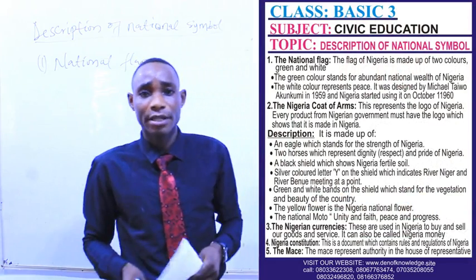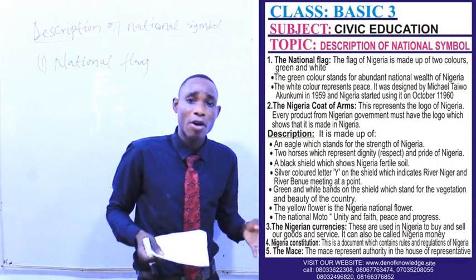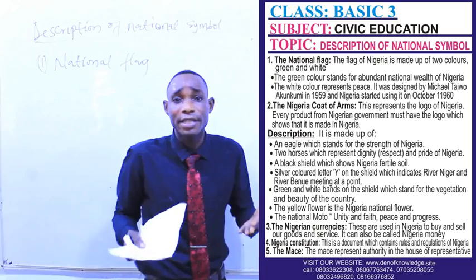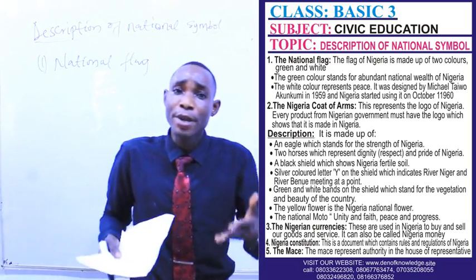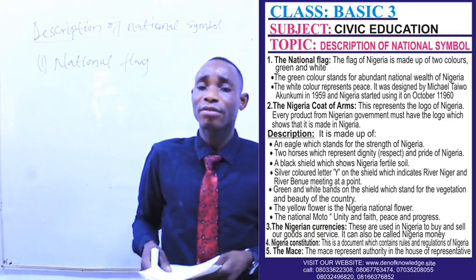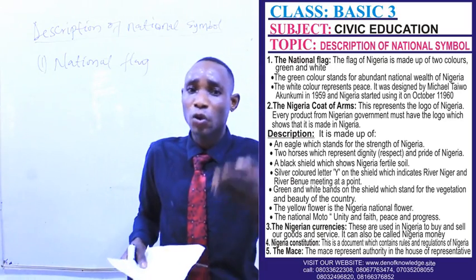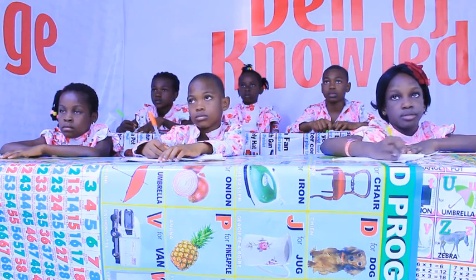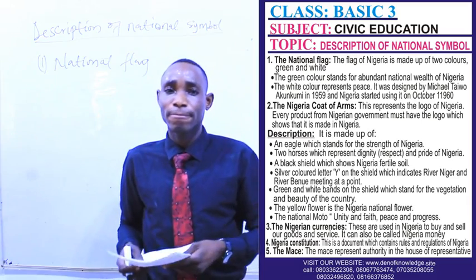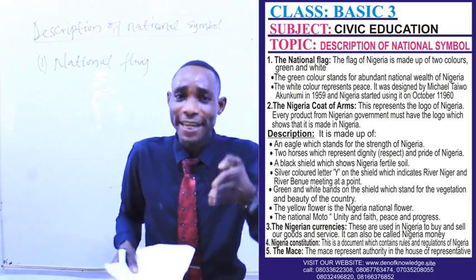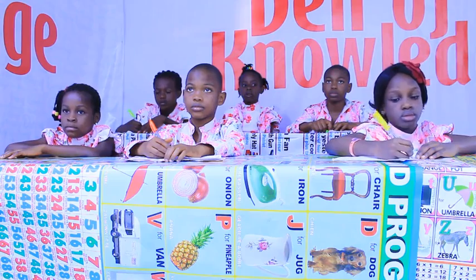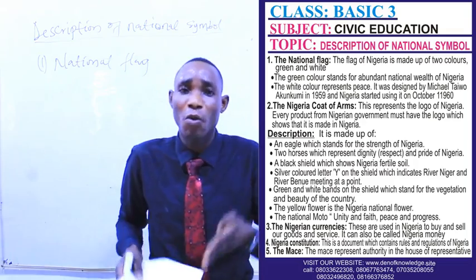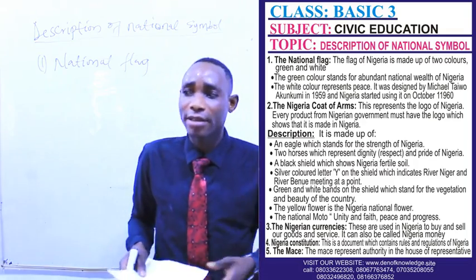Now let us also look at another symbol, the Nigerian currency. We told you in our previous lesson that the currency is a means of transaction. You use it to buy and sell your goods and services. The Nigerian currency is the Nigerian money. It is accepted by Nigeria as a legal tender, which they use in transactions.